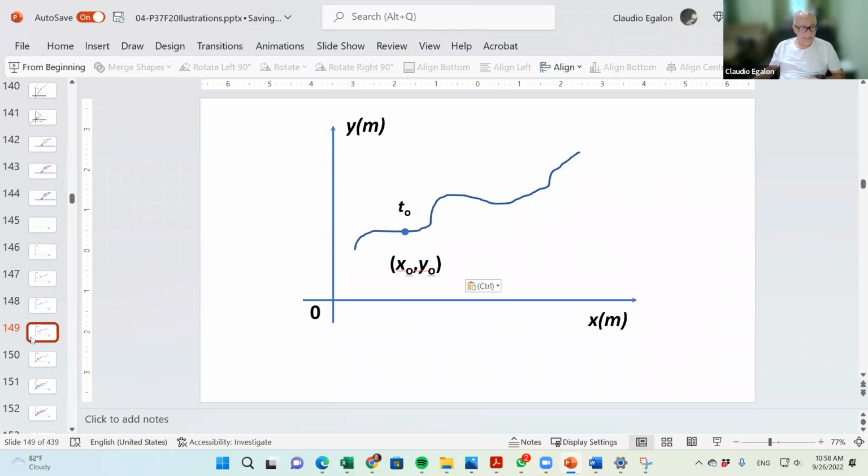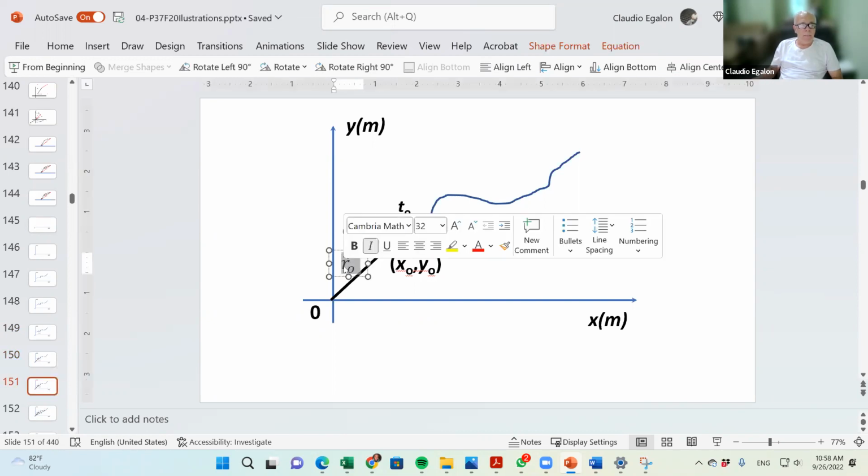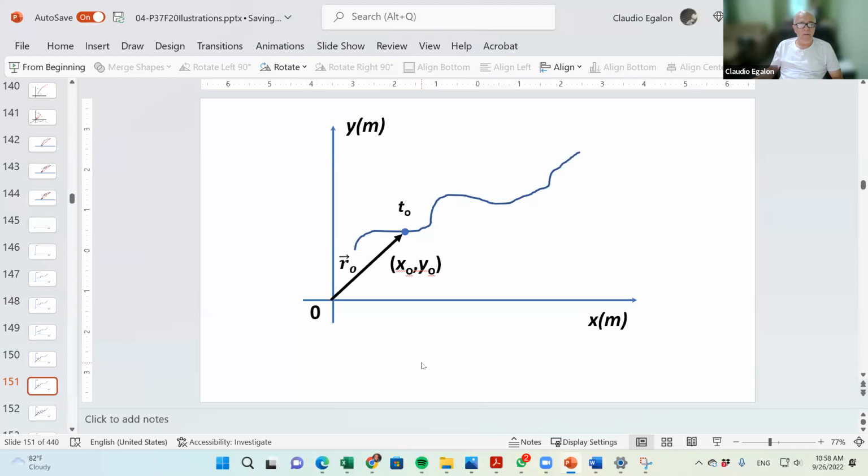This coordinate can also be represented by a vector, an arrow that goes from the origin of the coordinate system to the point where it is. This vector I call R naught. I'm going to boldface it so everything is consistent.